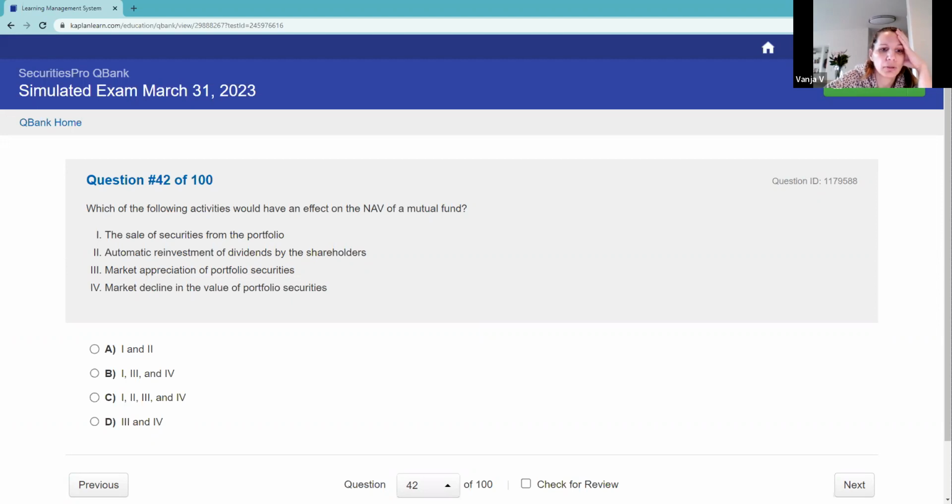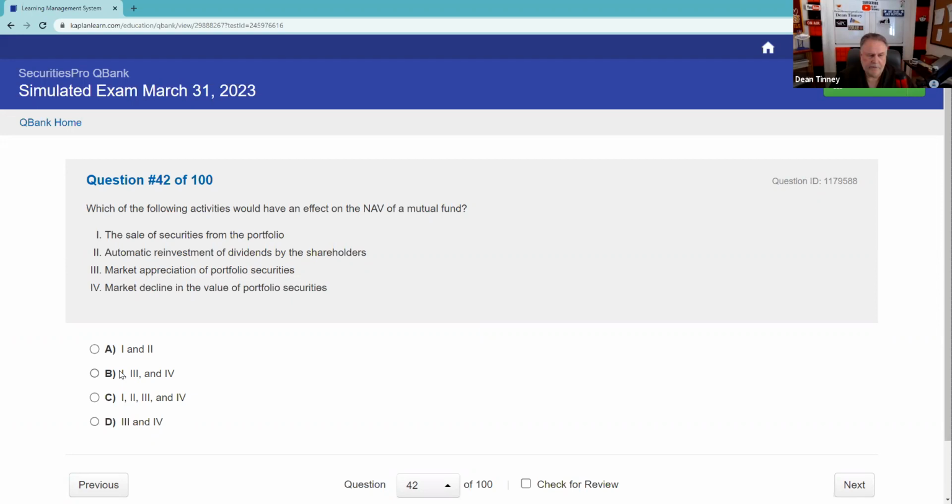So automatic reinvestment of dividend by the shareholder. Let's go with B, but I'm not sure that that's the correct answer.